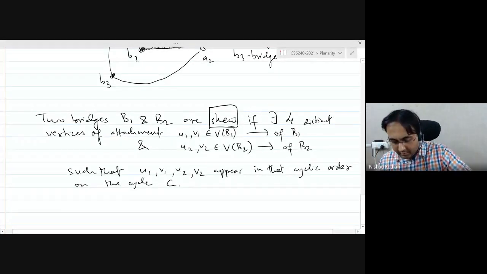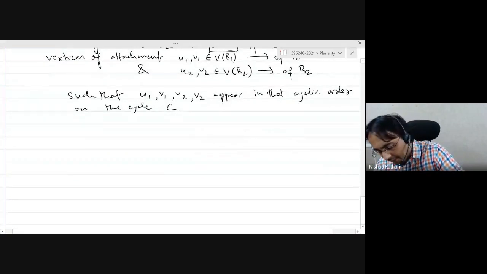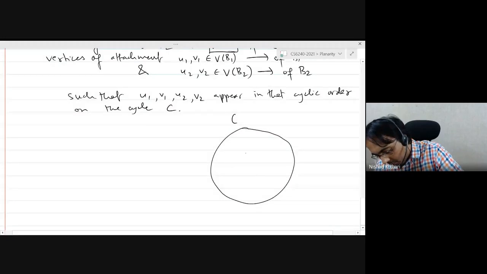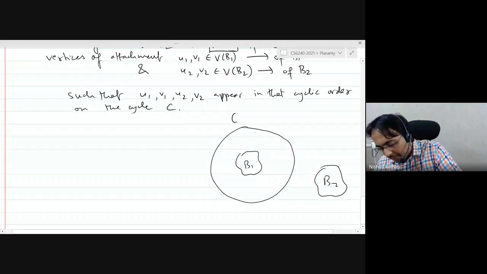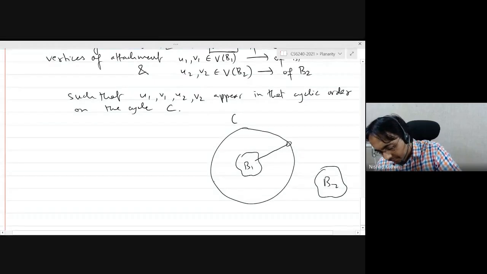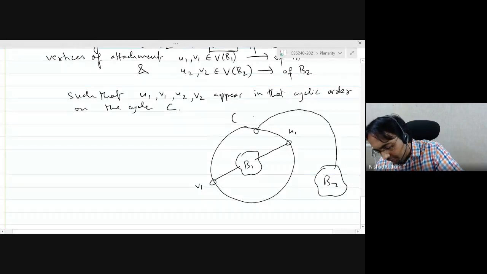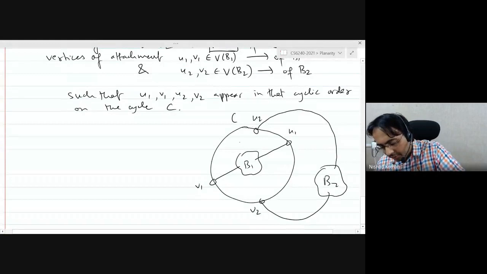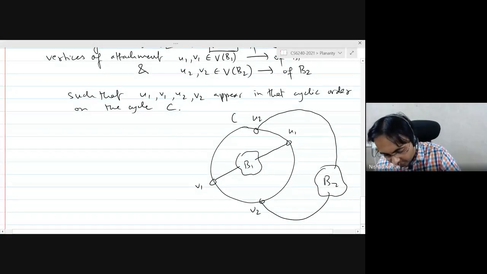Okay, in other words, diagrammatically, what is happening is you've got a cycle and you've got a bridge B1 and another bridge B2. B1 has two vertices of attachment, U1 and V1, and B2 has two vertices of attachment, one of which is here and another which is here. And now when you traverse the cycle, maybe I made a mistake. Yes, I made a mistake here.